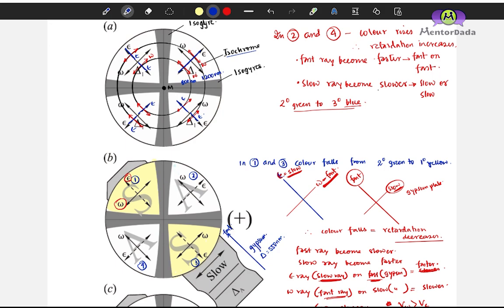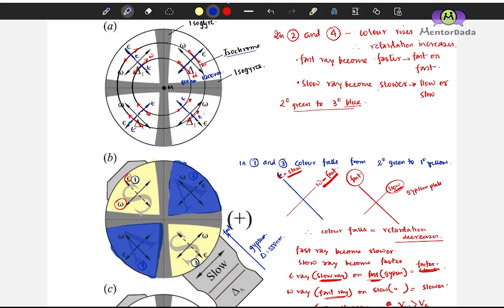So if this happens, look, these quadrants will definitely be blue in color, right? You can see the blue color of this quadrant, and this color is third order blue.